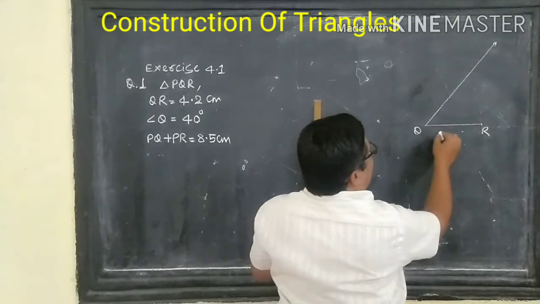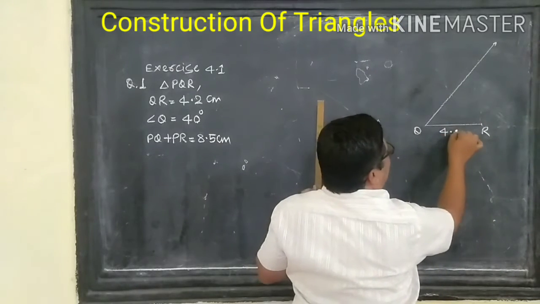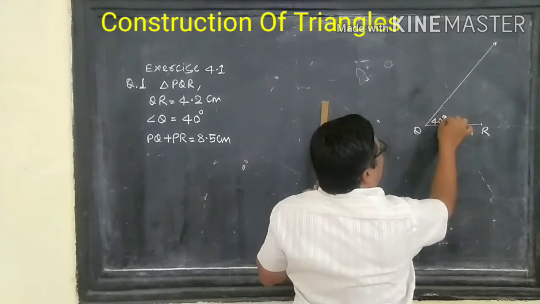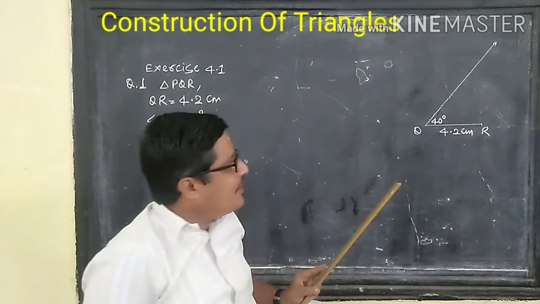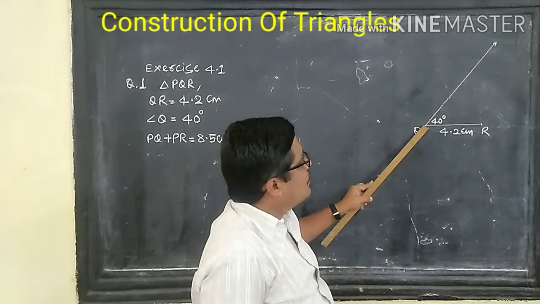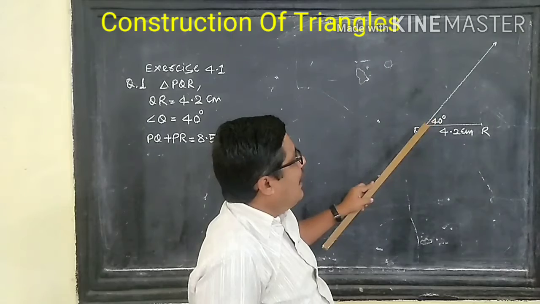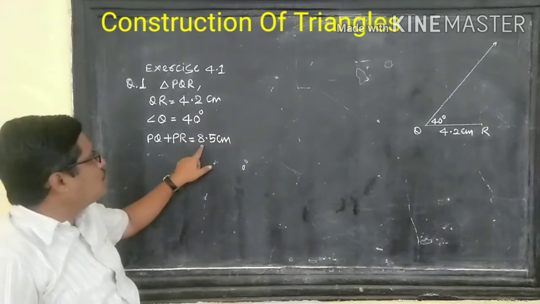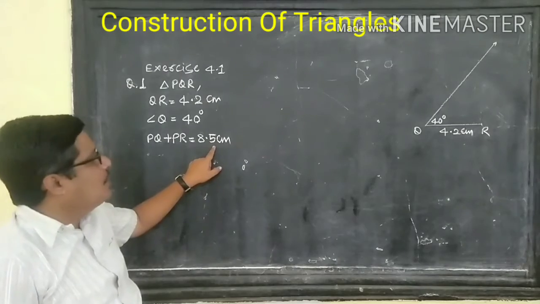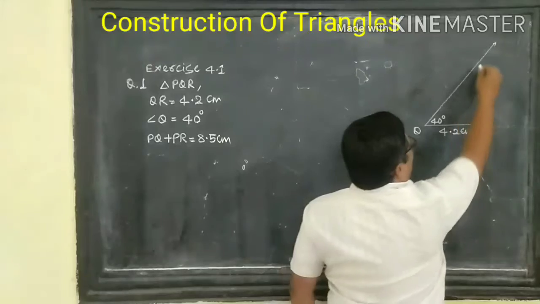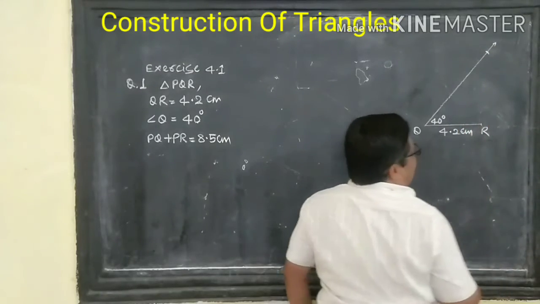So in this way, first is 4.2 centimeter, then angle Q is 40 degree, and after that we have to draw a ray showing angle Q, and after that the sum of length of remaining two sides is 8.5. So by using radius 8.5 we have to draw an arc here.